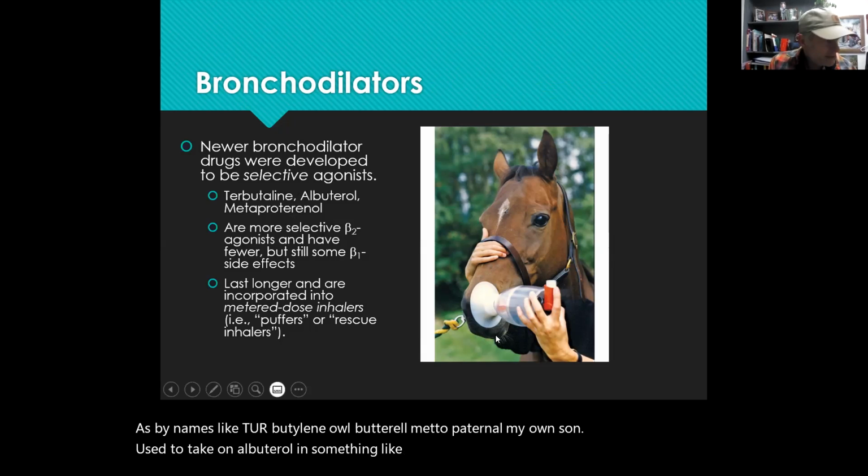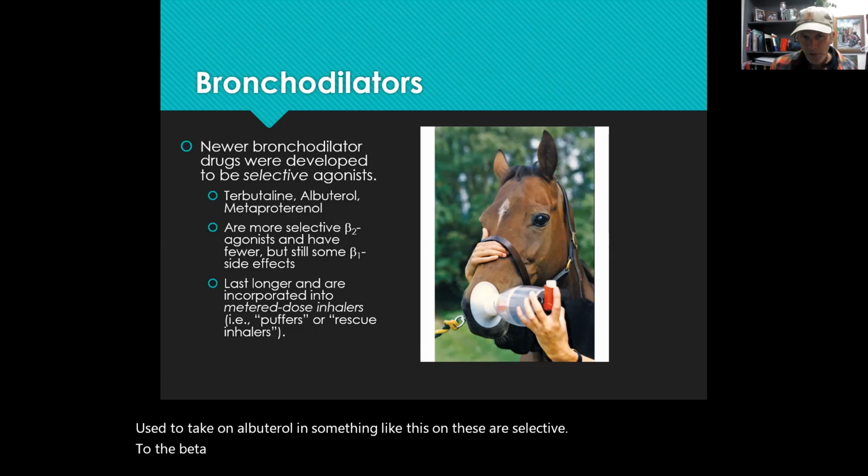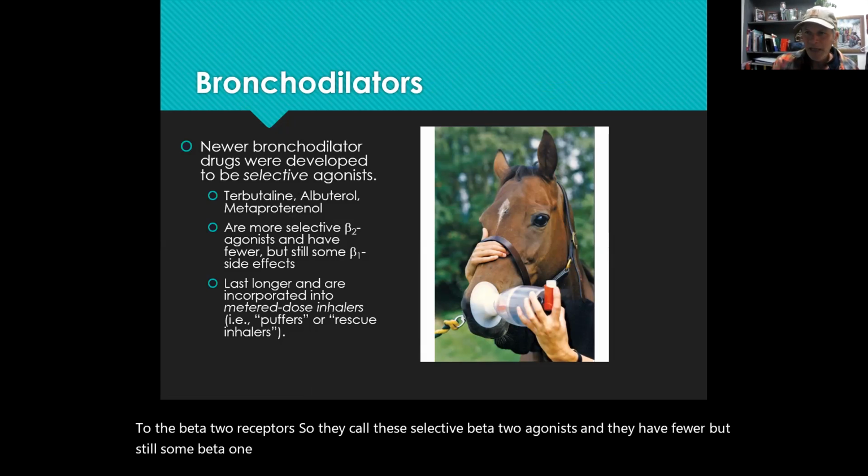These are selective to the beta 2 receptors. So they call these selective beta 2 agonists, and they have fewer, but still some beta 1 effects. So it could still make the heart beat a little faster, but it's more selective for the beta 2 receptors.